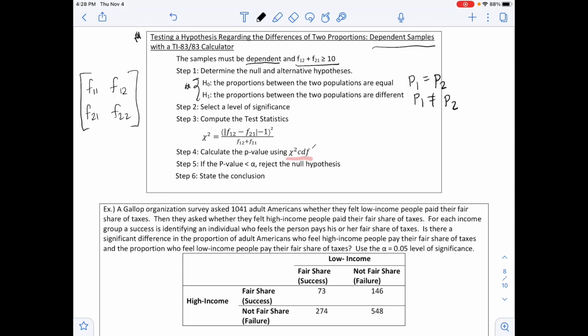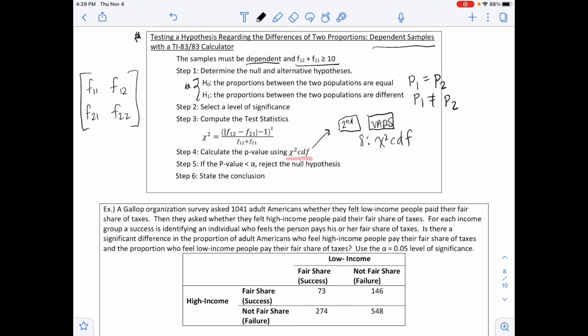And in order to do this, you need to go to second on your calculator button, and then vars. And for me it was number 8, which is chi-squared CDF.